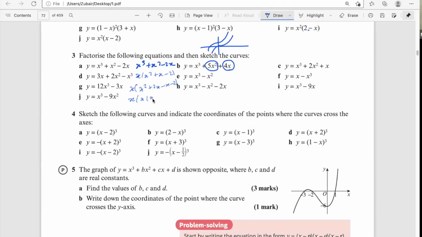Taking out x common, this is x plus 2, minus 1 common, this is x plus 2. So I'm left with x times x minus 1 times x plus 2. So I can write this equation as this. When it is equal to 0, I know that first value of x will be 0, second will be positive 1, and third will be negative 2. So this will intersect at 0, positive 1, and negative 2.